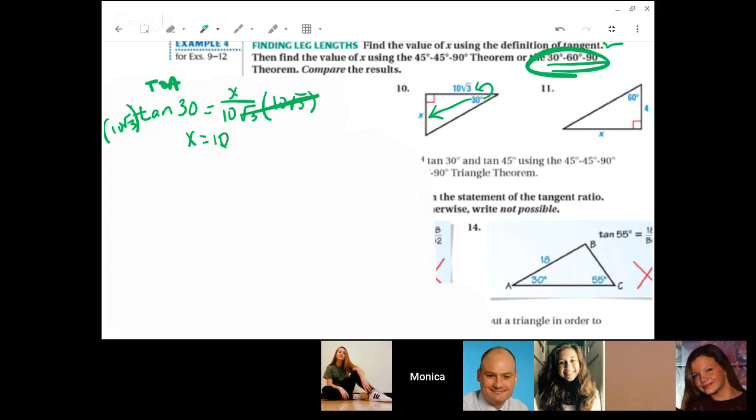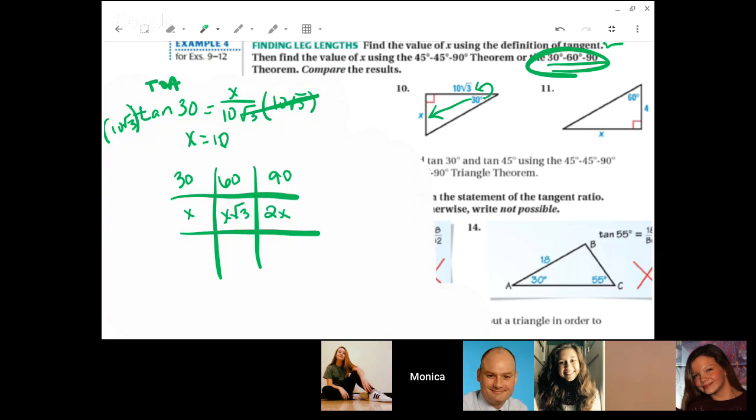Now let's do it this way. So tic-tac-toe board, right? This is a 30, 60, 90 triangle. And what we put in here is x, x square root 3, and 2 times x, right?